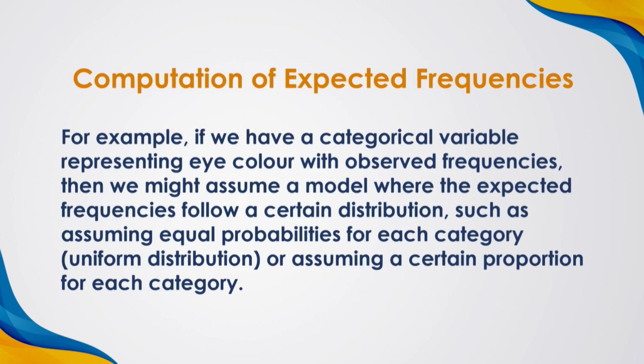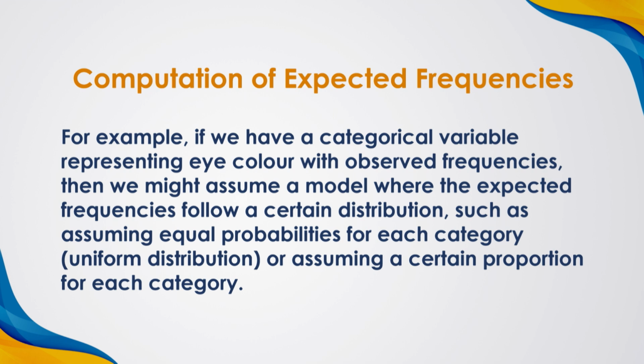Now coming to the computation, for example, if you have a categorical variable representing eye color with observed frequencies, then we might assume a model where the expected frequencies follow a certain distribution, such as equal probabilities in a certain population.